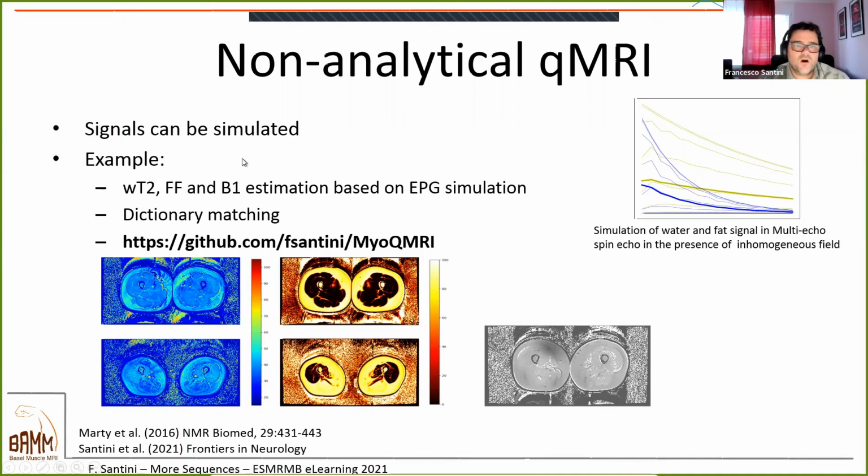This relies on signal simulation, and once you simulate the signal based on many combinations of these three free parameters, you compare each signal that you acquire with every signal that you have simulated. This is called dictionary matching, and then you can obtain the triplet that generated the signal that is most similar to the one that you have acquired.